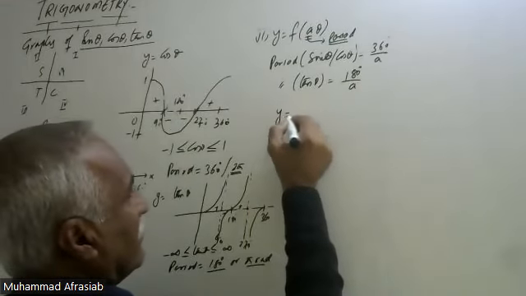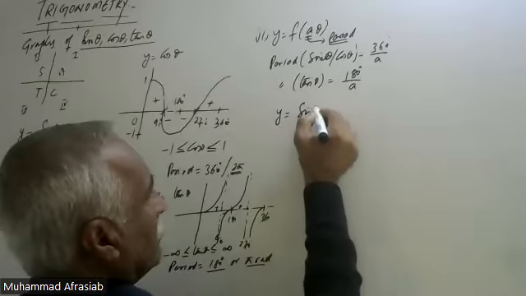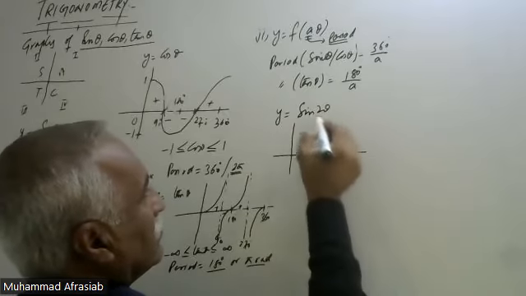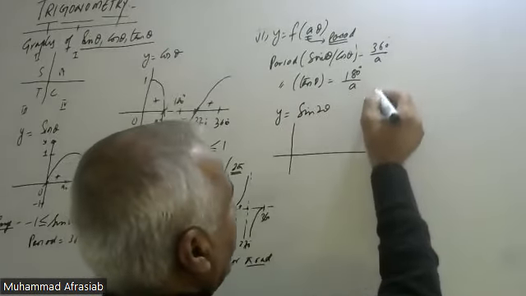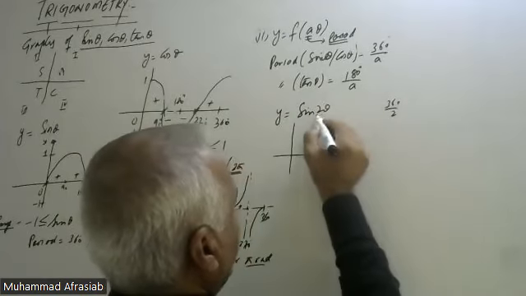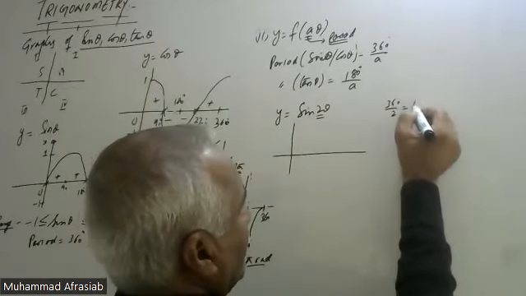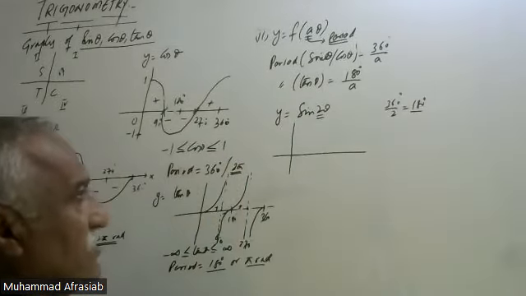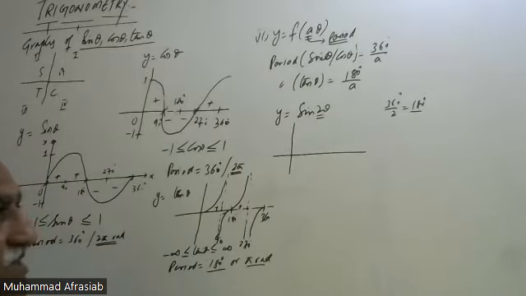For example, y is equal to sine of 2 theta. Now, for the sine function, we know the period is 360 over 2 because the a value is 2. So that is equal to 180. It means it will complete one cycle up till 180 degrees.